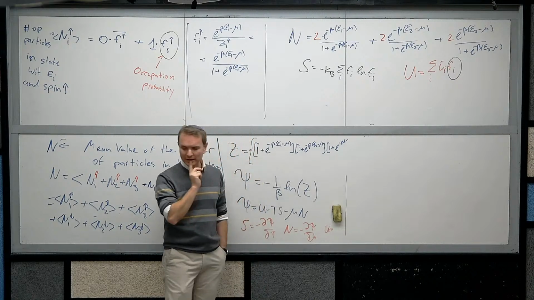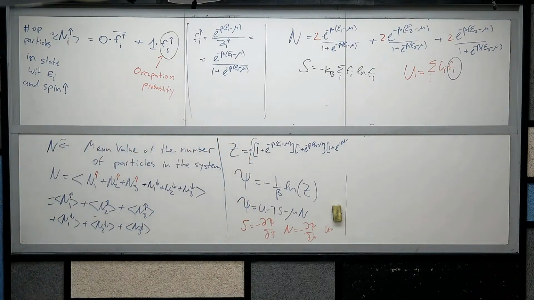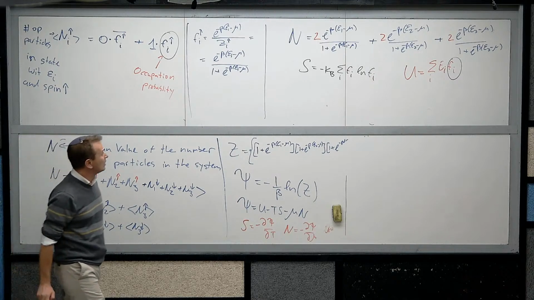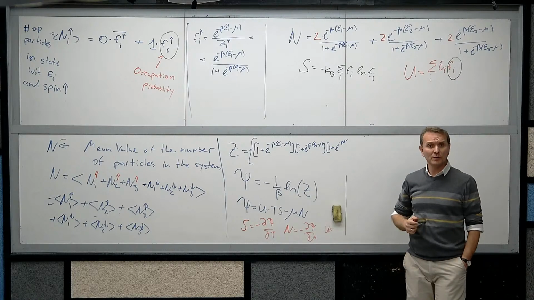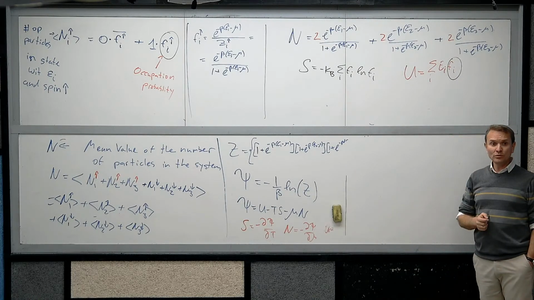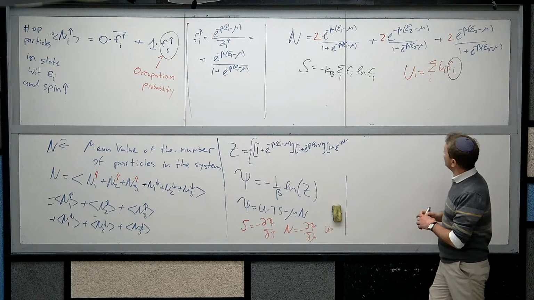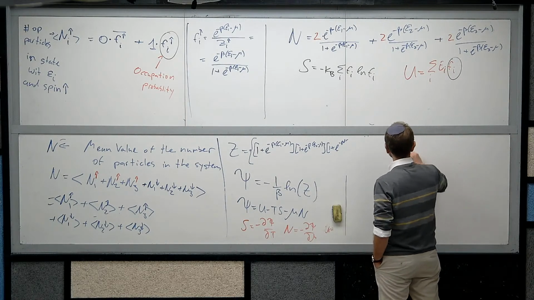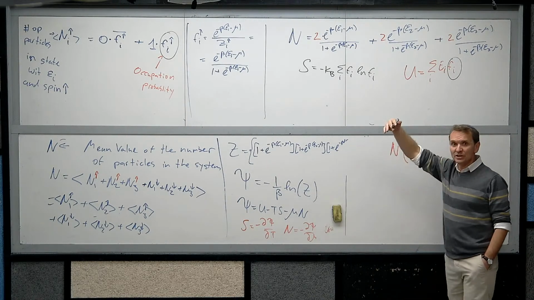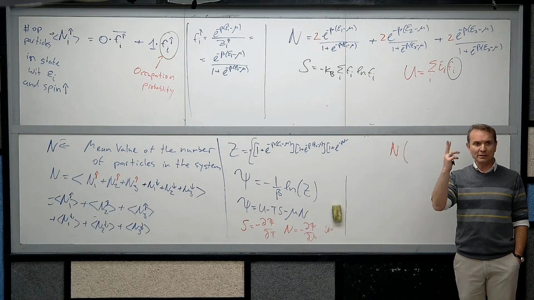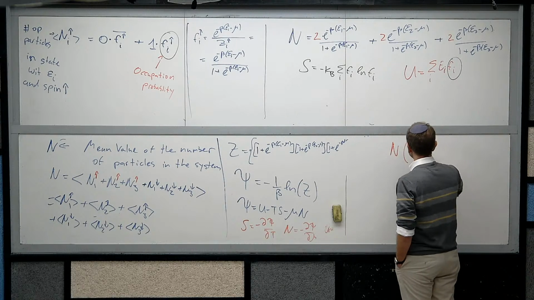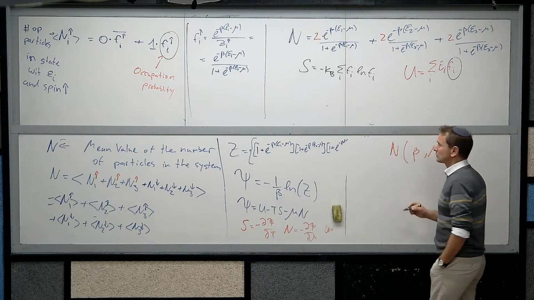Now, maybe before I do that, notice something interesting about this n. The average number of particles inside the system depends on two quantities. So n is a function of the energies, let's assume that they are constant, and we have two parameters, beta and mu.